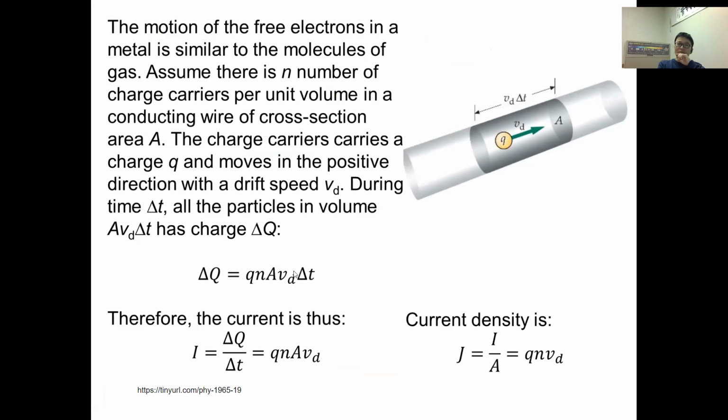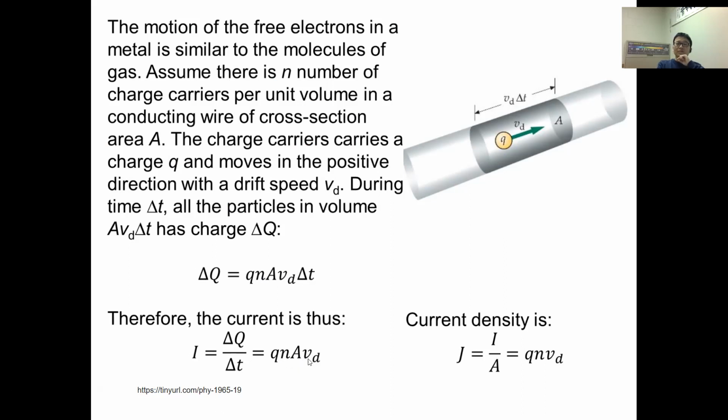So Q will be the charge of the charge carriers, n will be the number density of the charge carriers, and A will be the cross-sectional area, times velocity times delta T, right? So this gives you the volume, A times the length, and then times the density, that gives how many numbers, times the charge of each one gives you a total charge, okay? And then divided by delta T will be your current. So I = qnAv_d.